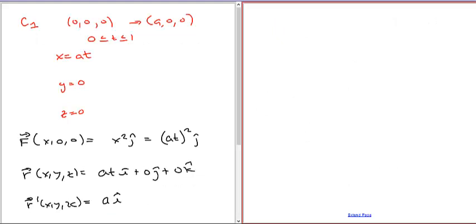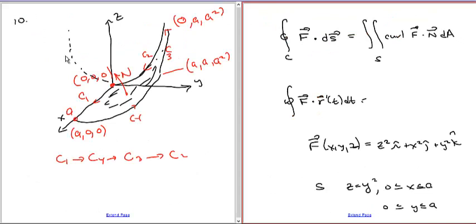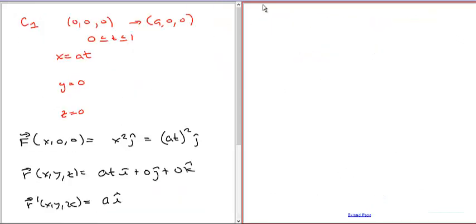Okay, let's do curve 4 next. So curve 4 goes from a squared, oh no it doesn't, it goes from a, 0, 0 to a, a, a squared.